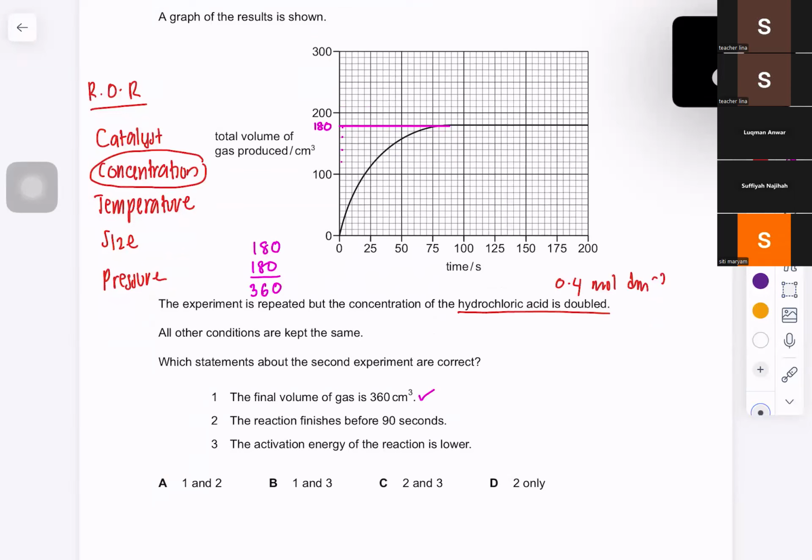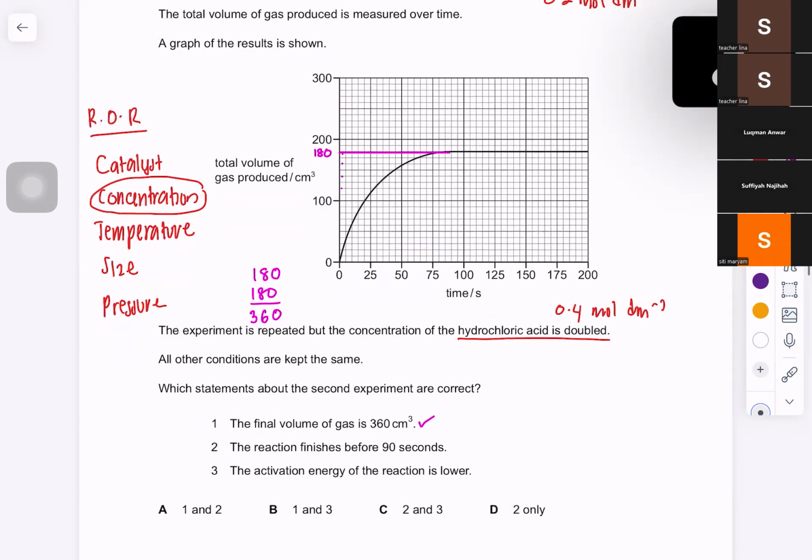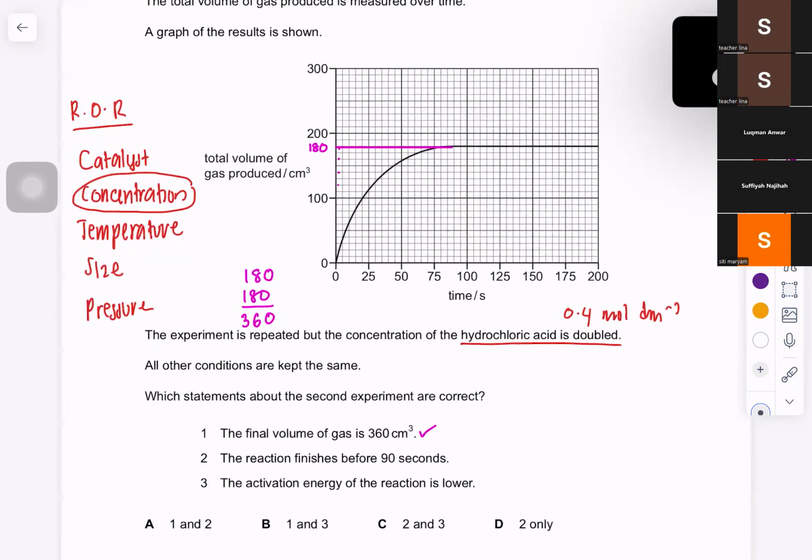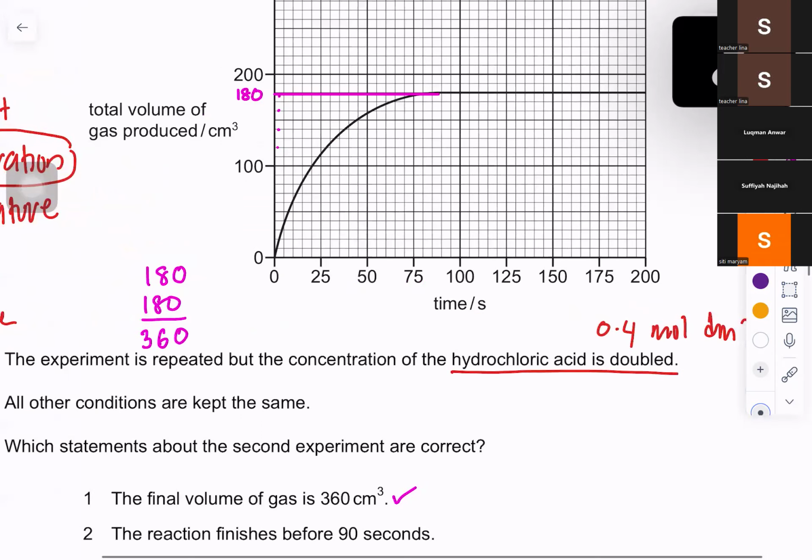And then they said that the reaction finish before 90 second. So this one 90 second is 100 minus 75, and then divide by 5. 75 plus with 50.